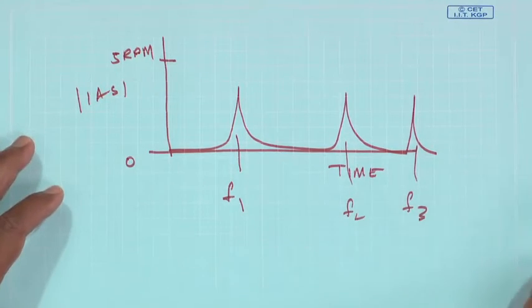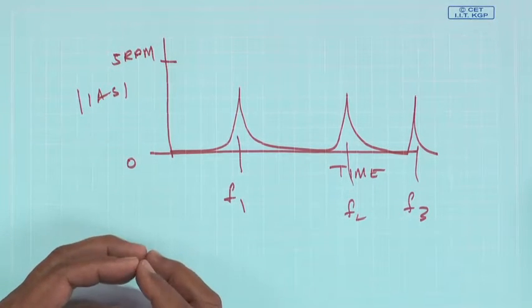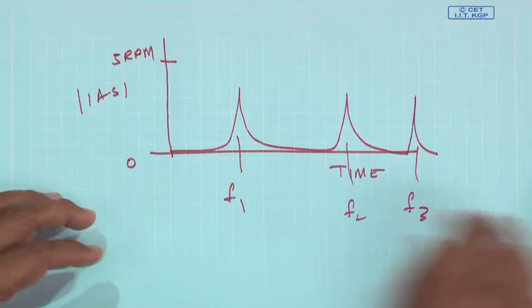And today this is the state of the art in CBM, that just by measuring the instantaneous angular speed through very cheap rotary optical encoders, we can also find out the defect frequencies or what is wrong in the system.